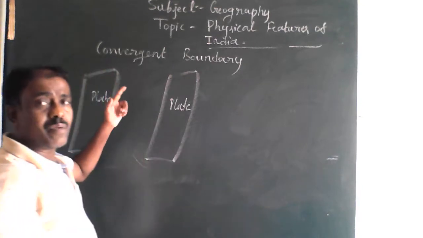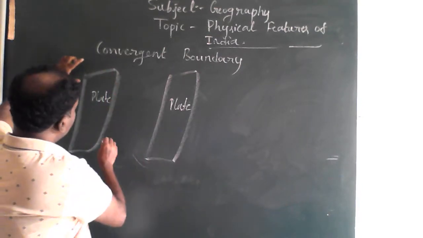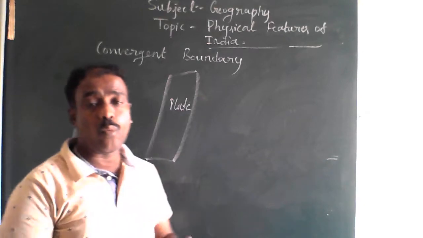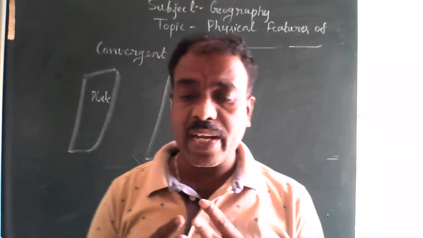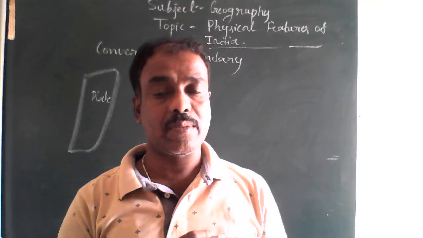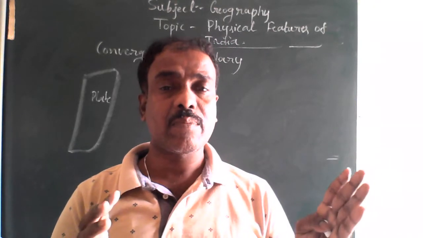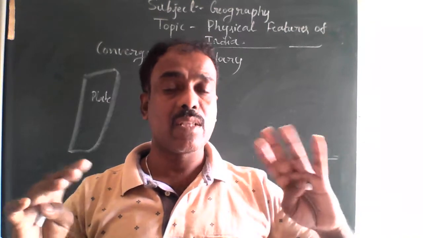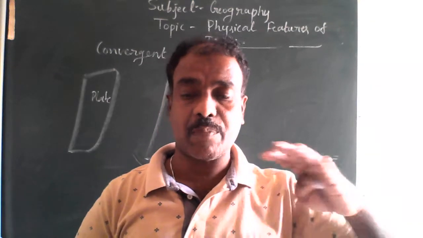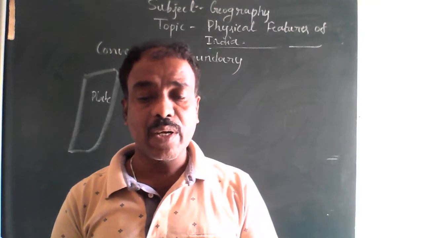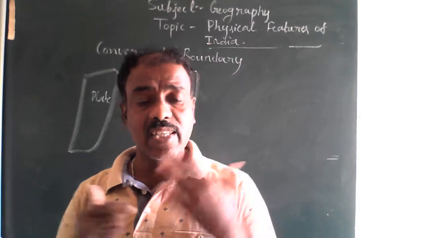This is an example. Here two plates are there. It is very common, because the movement of the plates sometimes depends upon the stresses within the plates also. Some plates come towards each other.